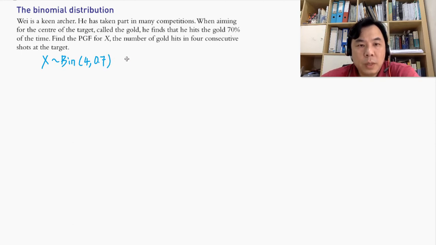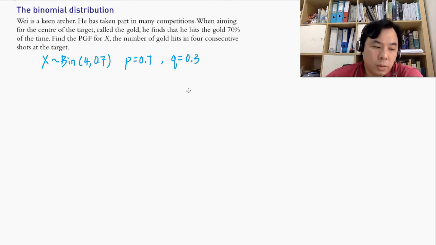So p is usually used to denote the probability of success, 70%, and q is the probability of failure, in this case 30%. So I hope that's clear. Okay, and then furthermore, the probability of each individual outcome can be written as such.